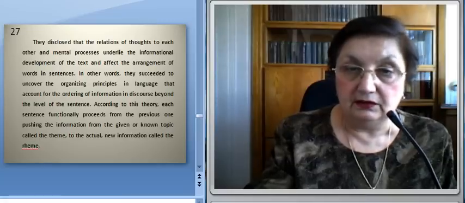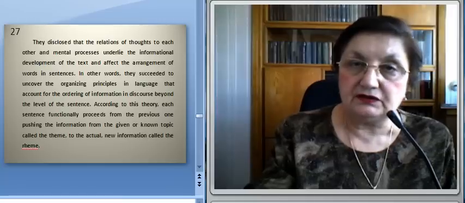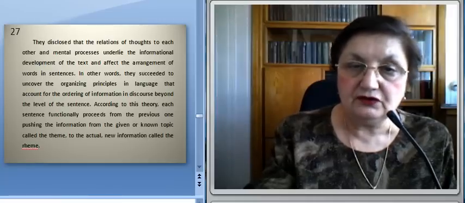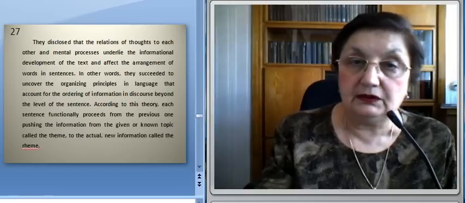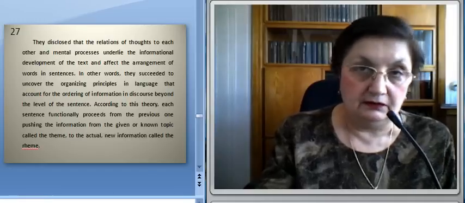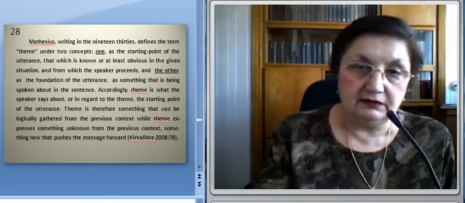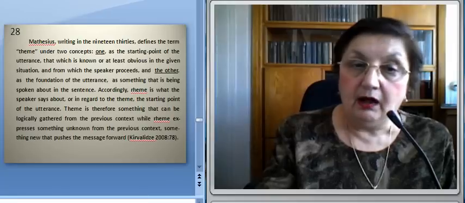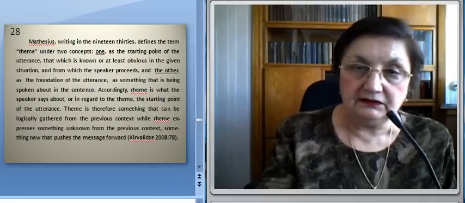Mathesius, writing in the 1930s, defines the term theme under two concepts. One, as the starting point of the utterance, that which is known or at least is obvious in the given situation and from which the speaker proceeds. And the other, as the foundation of the utterance, as something that's being spoken about in the sentence.